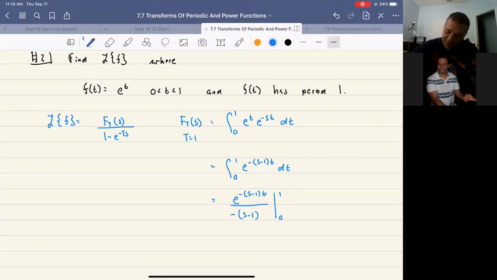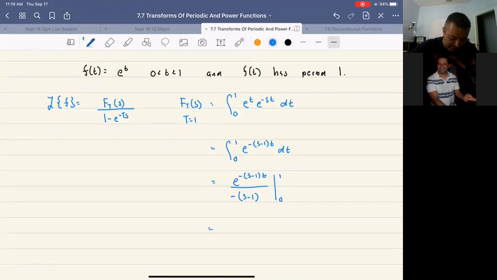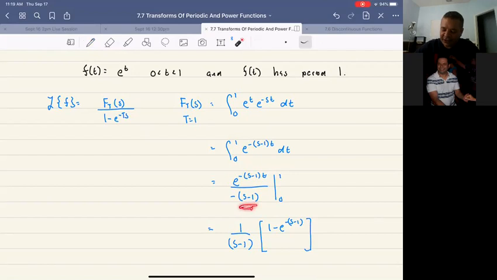So this equals 1 over s minus 1 times 1 minus e to the negative (s minus 1). I pulled out and changed the negative sign. At 0, this is going to be 1, and at 1, this is going to be e to the negative (s minus 1). The reason this one came first is that I got rid of that negative sign.